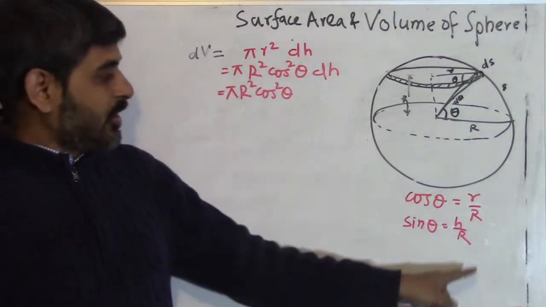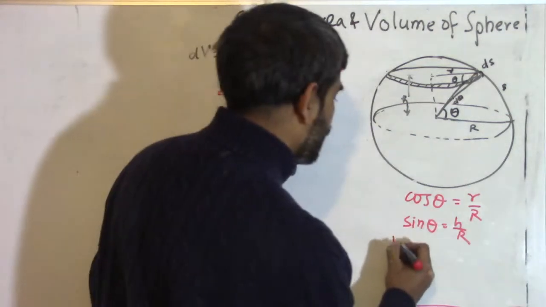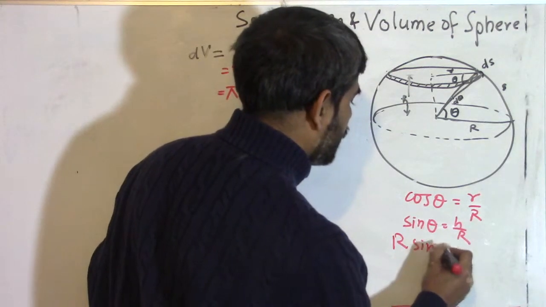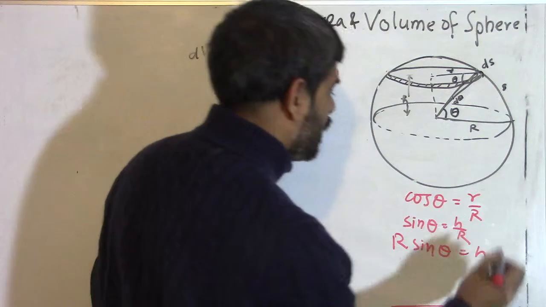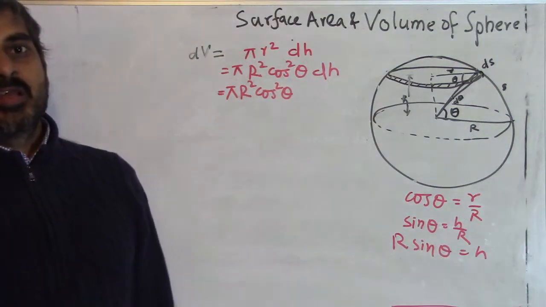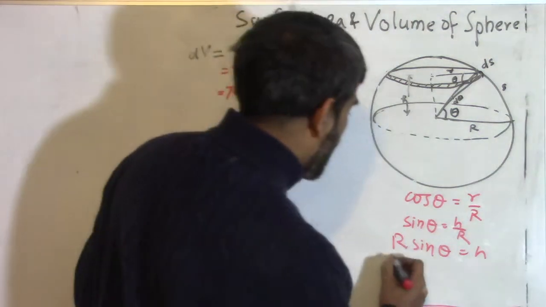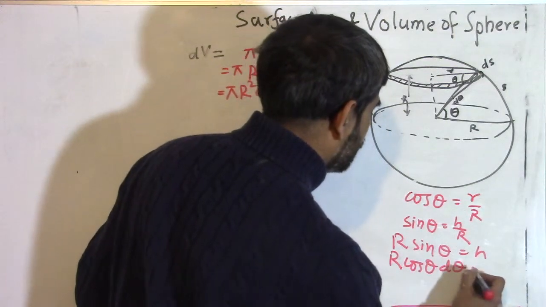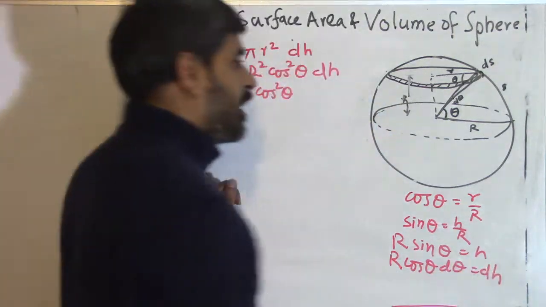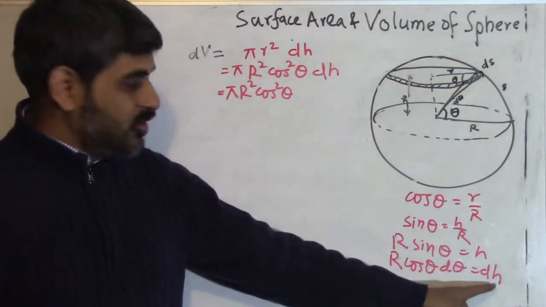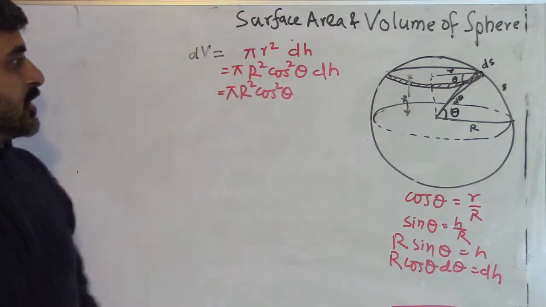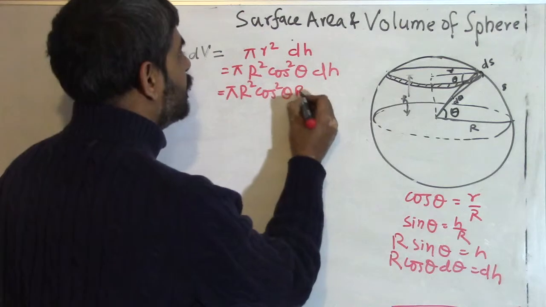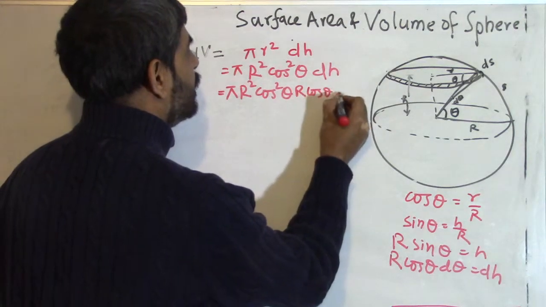We can take R on this side, we get R sin theta is equal to h. Now we can differentiate this and we get R cos theta d theta is equal to dh. And from here we take the value of dh and substitute it here. R cos theta d theta.